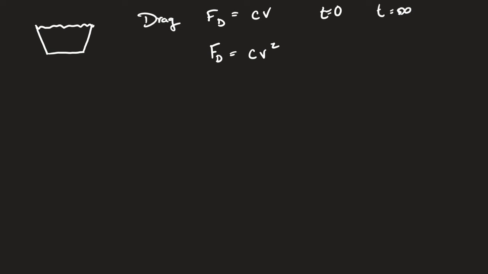Now, herein lies the problem. Reaching terminal velocity depends on your value for c. It also depends on your mass, because at t equals 0, the velocity equals 0, and in that moment, the net force equals ma.